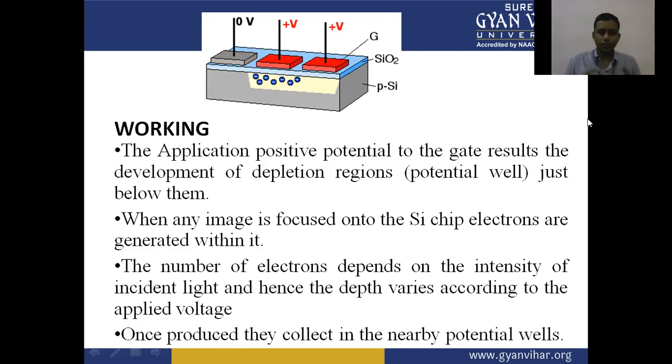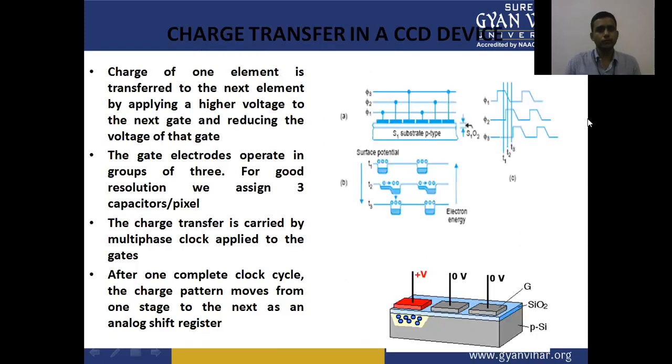Once produced, they collect in the nearby potential wells. The charge of one element is transferred to the next element by applying a higher voltage to the next gate and reducing the voltage of the gate.